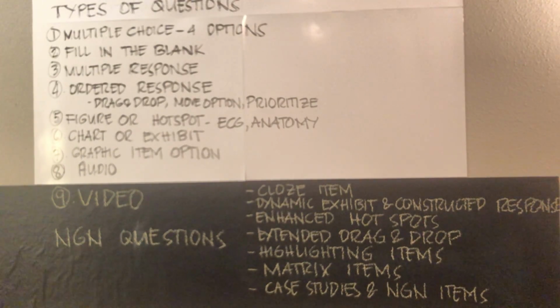Next is enhanced hotspots. It may be presented in various ways. This question type could include an exhibit, a case study, assessment data or other information, or a figure in which you may need to use the mouse and cursor and point and click to locations as asked in the question.